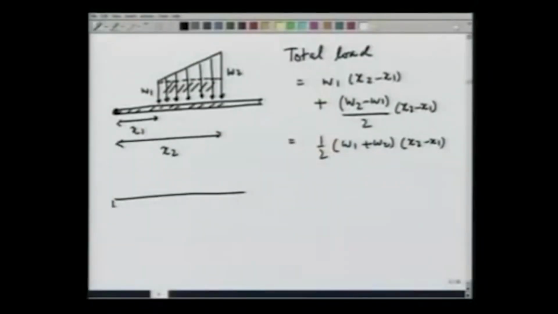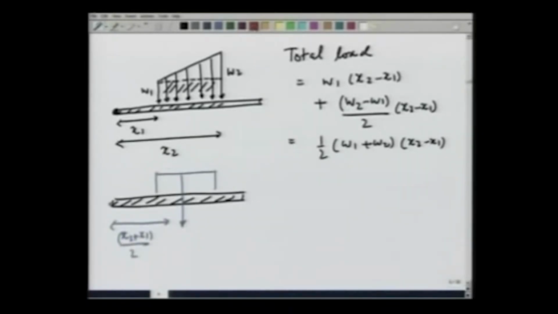To calculate where it acts, I am going to use an observation that we made last time. I know that this rectangular load acts right in the middle, at a distance of (x2 plus x1) divided by 2 from this point.